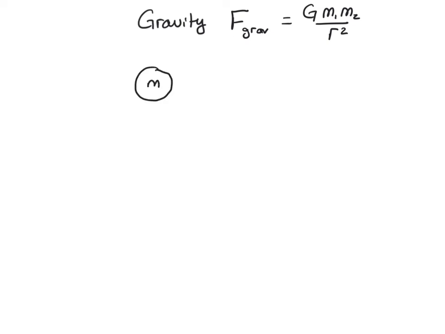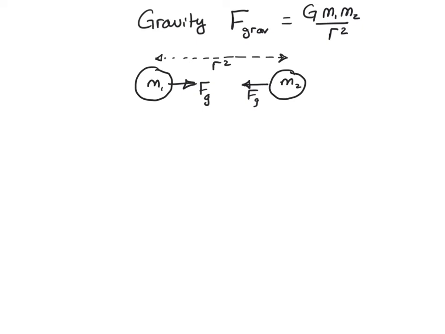Here's the mass of the first body. Here's the mass of the second body. And distance squared between them. So now we know what the force is. That's force of gravity pulling one this way, and it's pulling the other with an equal and opposite force the other way.